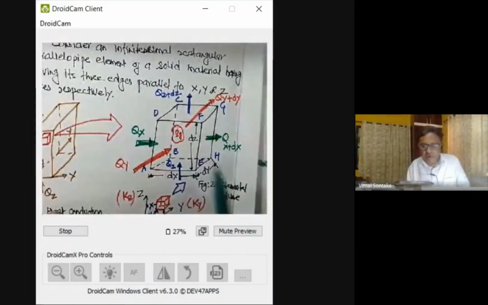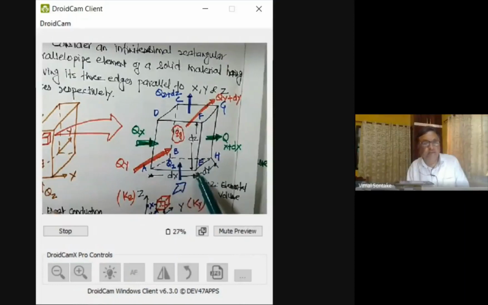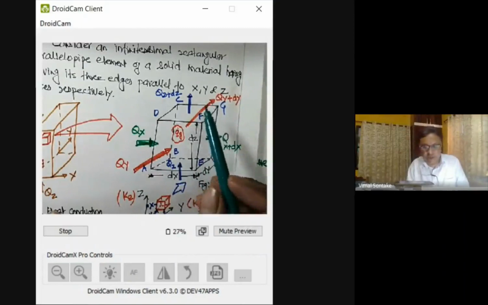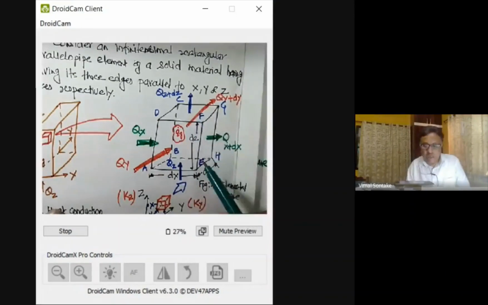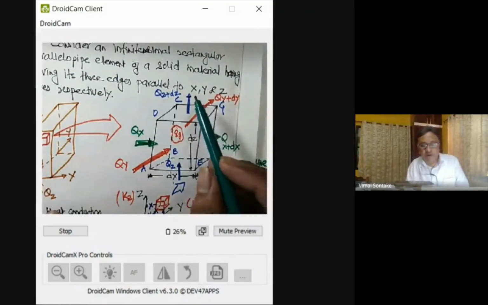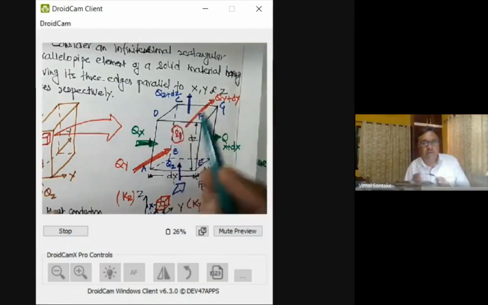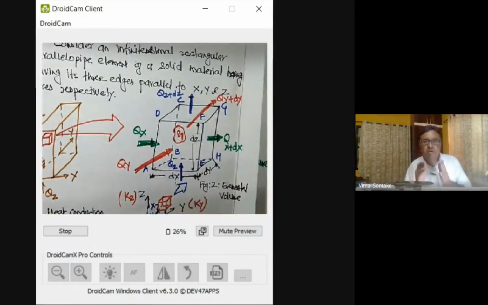In a similar fashion, I can do the analysis for heat flow into this elemental volume at a distance of y and perpendicular to the face A, B, H, E. Similarly, I can write the expression for the amount of heat flowing out of this elemental volume at a distance of z plus dz in the z direction, qz plus dz, and based upon their difference, some amount of energy will be stored in the element, that will be called qz suffix stored.